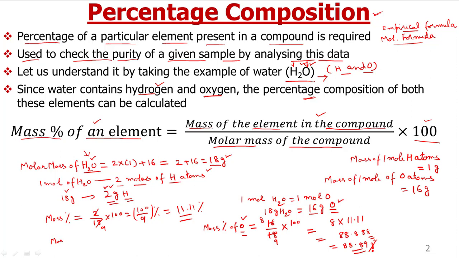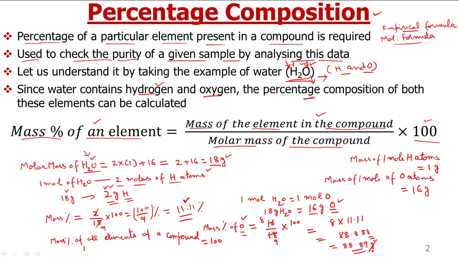Remember this: the total mass percentage of all elements of a compound will be 100. Now in water we have only 2 elements, and we had calculated the mass percentage of hydrogen, so we can simply calculate the mass percentage of oxygen by subtracting the mass percentage of hydrogen from 100.